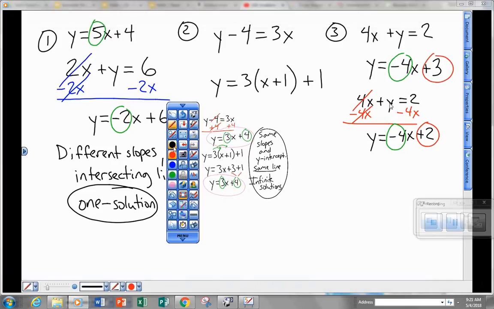Parallel lines never touch. I'm sorry, same slope but different y-intercepts. That's parallel lines, no solution.